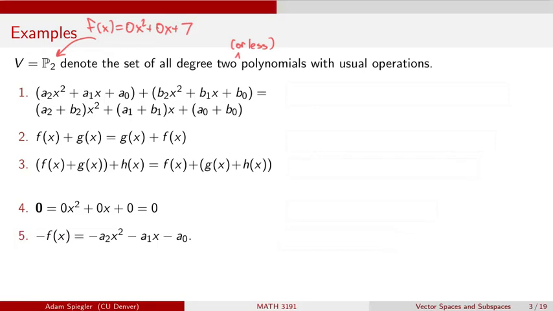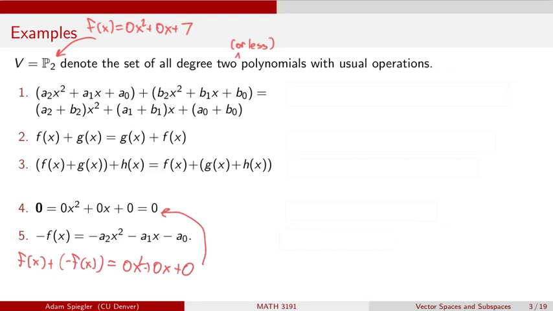And for any quadratic f of x, it's going to have an additive inverse where we just take minus 1 and multiply each of the coefficients. We change the sign of those coefficients. So now if I took f of x and added to it minus f of x, we get back 0x squared plus 0x plus 0, which is how we define the 0 vector.